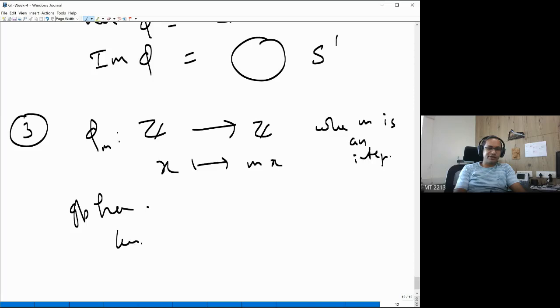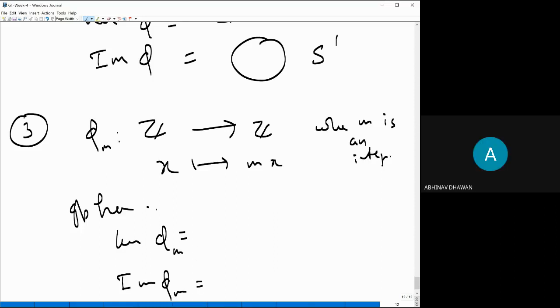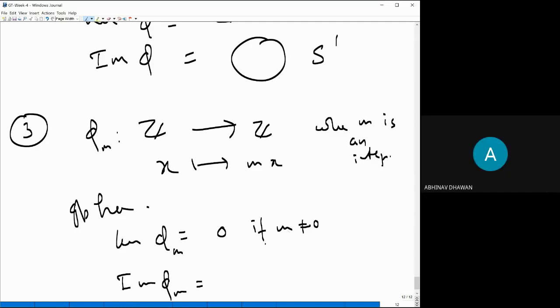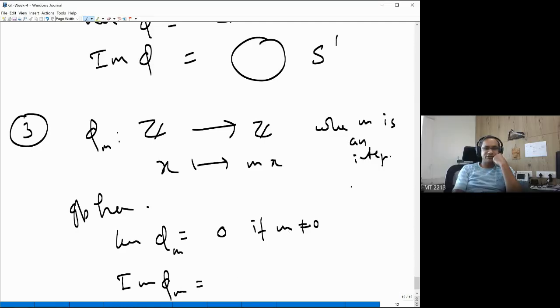What is the kernel of this map? And what is the image of this map? The kernel will be 0 if m is not 0. And if m is 0, then the kernel is everything. What about the image? Suppose m is not 0.